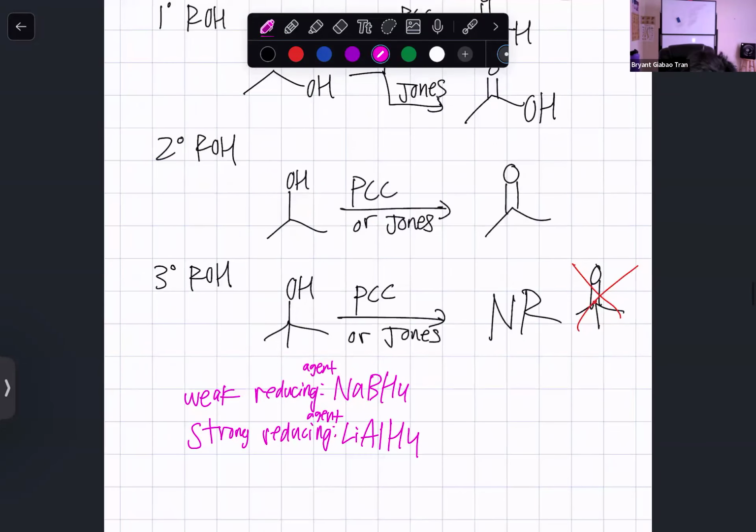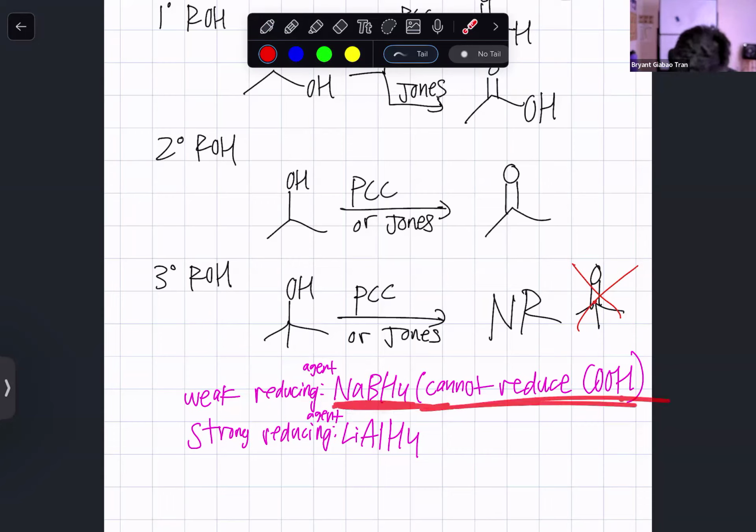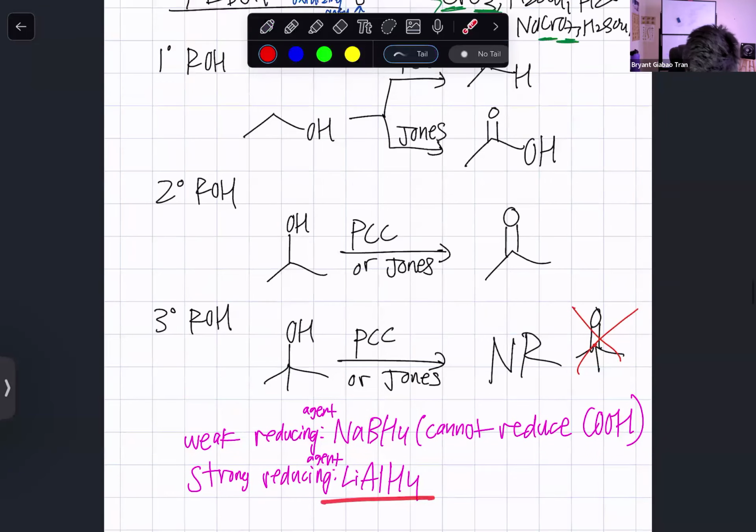Right, so for 118A purposes, NaBH4 cannot reduce carboxylic acids. You'll learn more about these oxidizing and reducing agents in 118B and C. But in 118A, NaBH4 cannot reduce carboxylic acids. It's not strong enough. LiAlH4 is strong enough to reduce everything though.